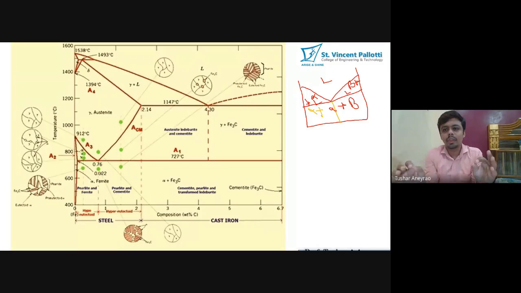Let us give some name to whatever phase is available at the yellow line, which is 50% alpha and 50% beta. Let us call this particular phase eutectic. So this is the eutectic phase, suppose. Here the eutectic phase also has alpha and beta, right?